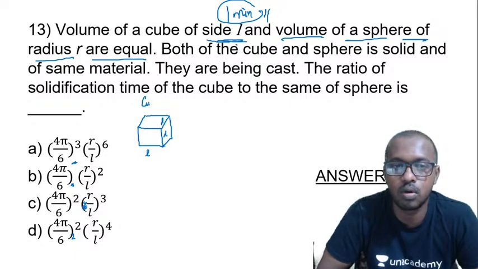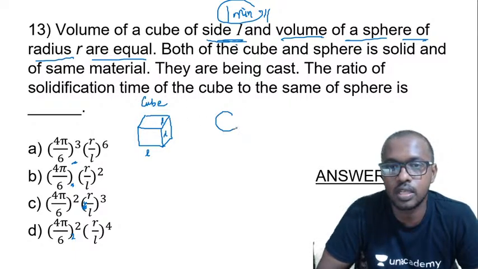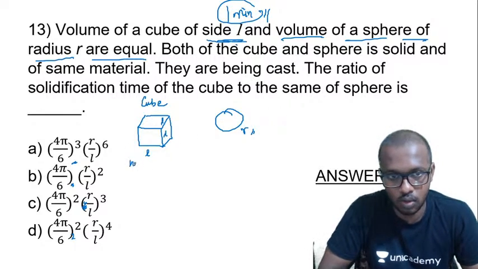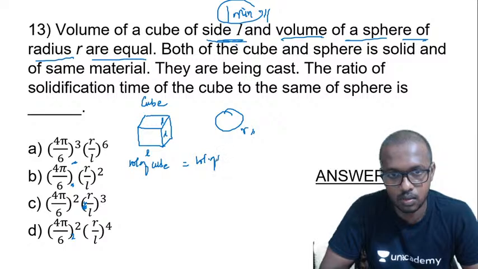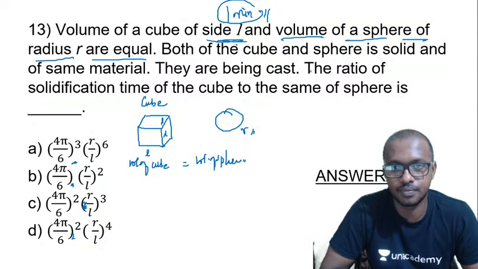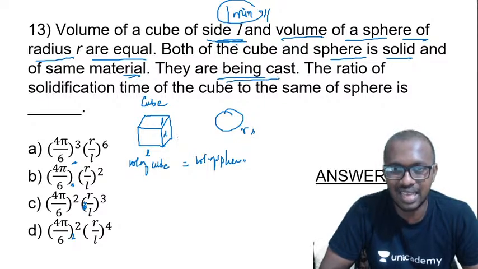L, a cube, you have to write, and also for a sphere, the radius. They are saying that volume of cube is equal to volume of sphere. Both the sphere and cube are solid and of the same material, so K cancels. They are being cast. The ratio of the solidification time of the cube to that of the sphere is dash.